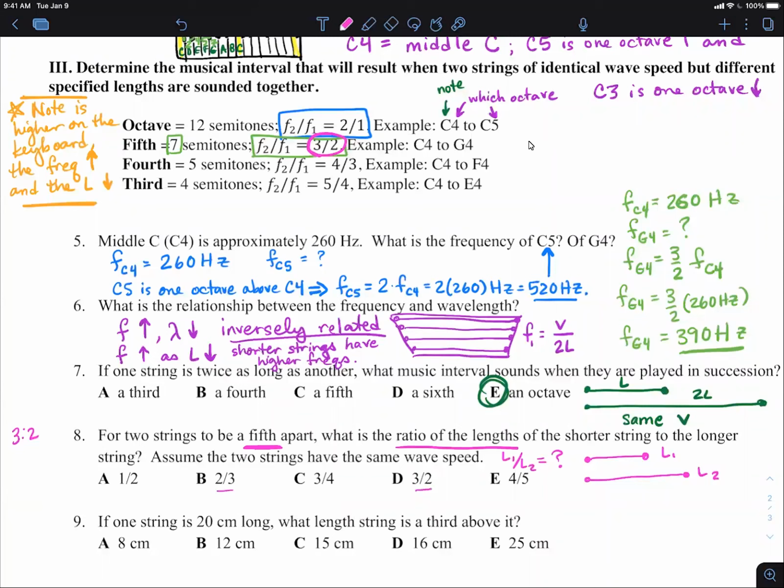And now this is where you have to think, okay, shorter strings have higher pitches. So if the shorter string is a fifth above the longer string, then it has to be 2/3 as much, because 3/2 is greater than 1. So that would be the longer option.